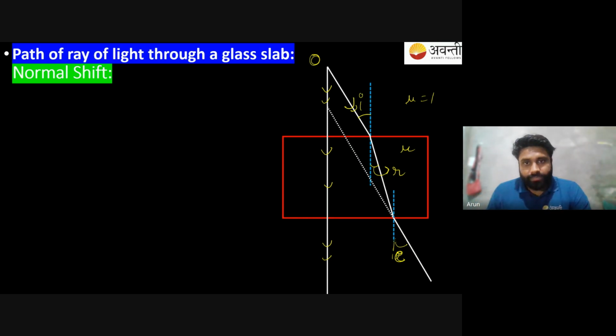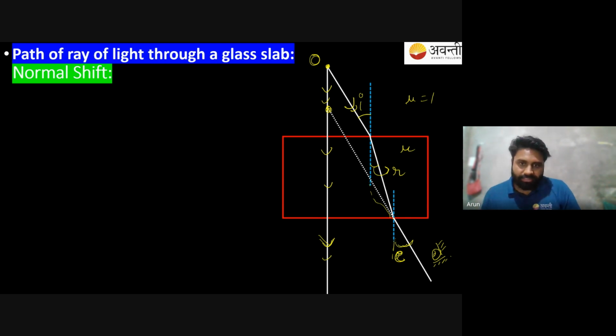Now, if you look, the object is here. But if there is an observer here looking at this, this ray appears to him to be coming from here. To see the formation of an image, two rays have to meet.